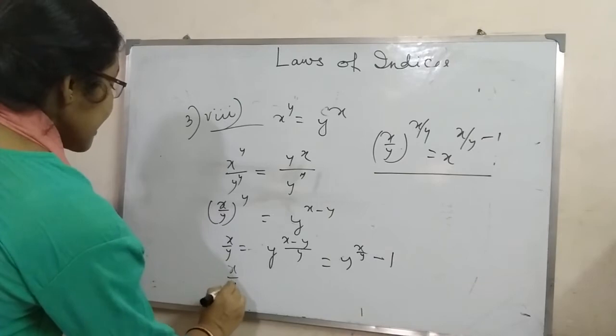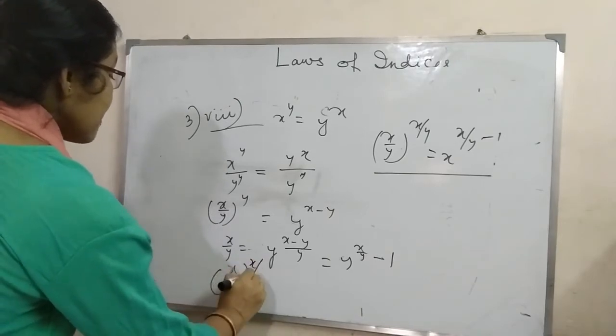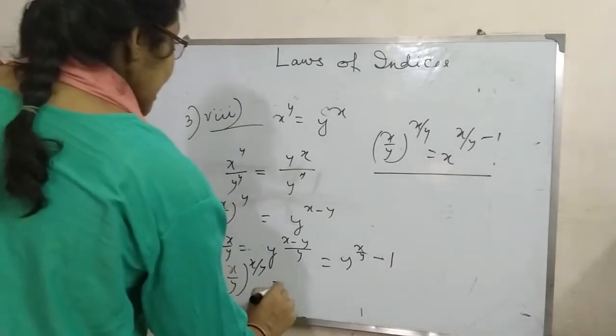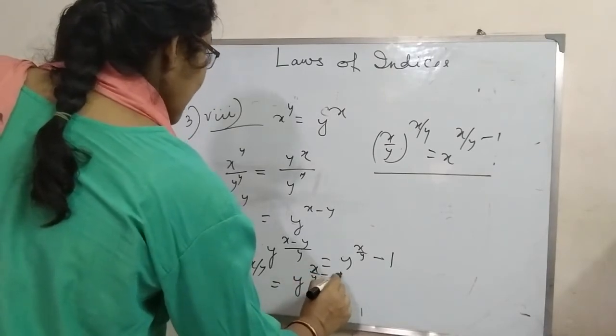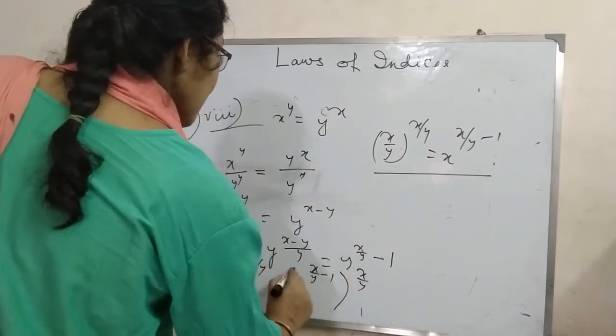I can write it (x by y) whole to the power x by y, that is equal to y to the power (x by y minus 1) whole to the power x by y.